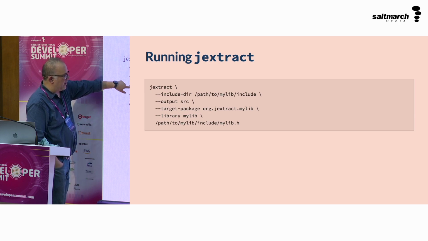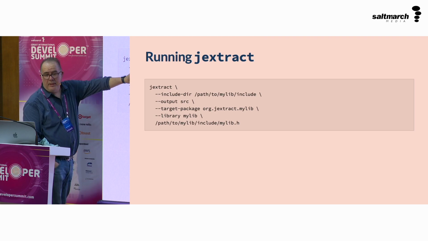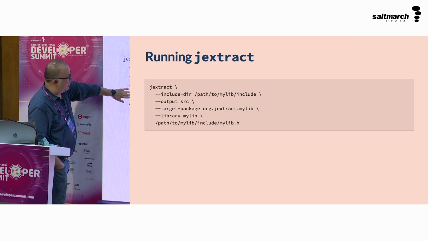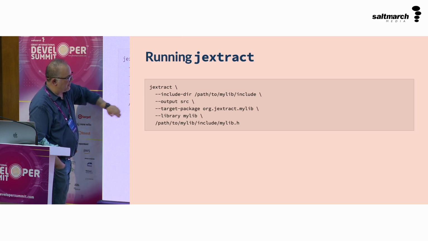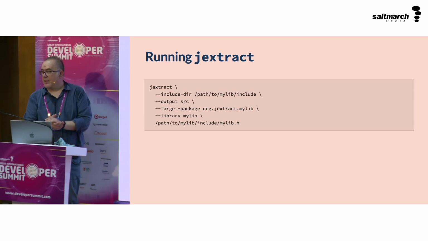And so this would be the target package. What's going to happen though is it's going to create another package within there. So in this case, like org.jextract.mylib.generated is what it's going to be creating. Where the library is and the .h file over here. Oh, this is where the includes are. Sorry, I got that part wrong. But here's where the .h file is, and go ahead and create that for me.